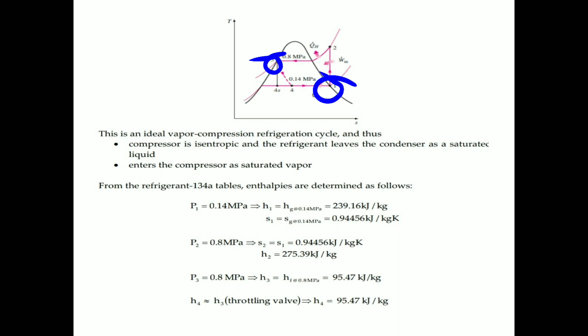These are the things you have to understand in the ideal vapor compression refrigeration cycle. So from the refrigerant 134A table, enthalpies are determined as follows. Actually, this is the given data.